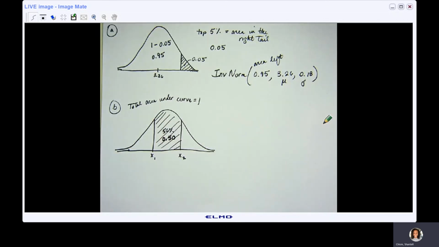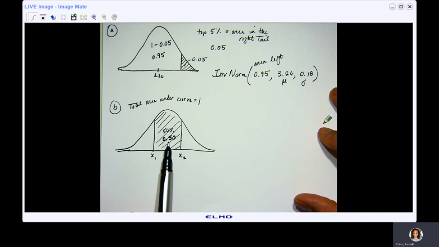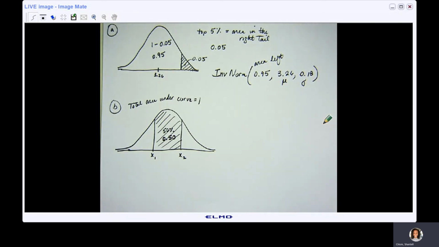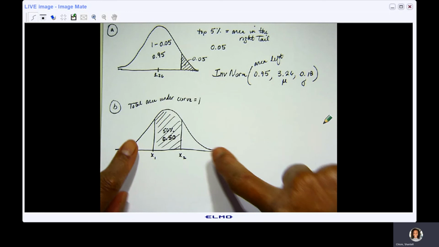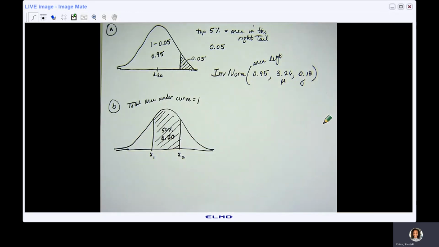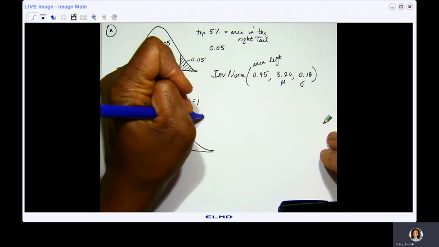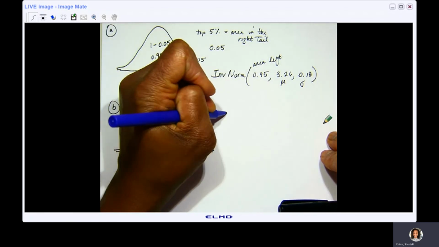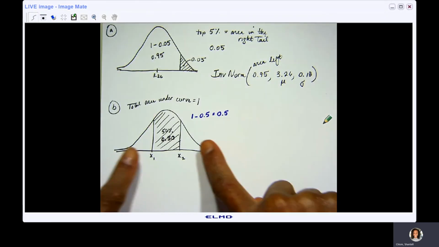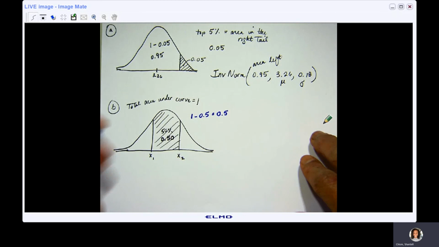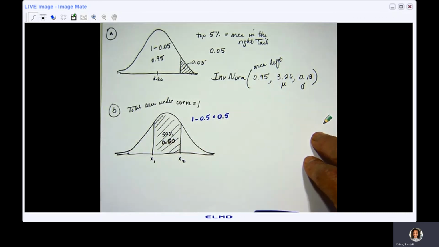Total area under the curve is 1. Okay? So if you've got 0.5 here in the middle, then that means you've got 0.5 left to split between these two tail ends. So you've got 1 minus 0.5, which is still 0.5, that you've got to split in this left tail and this right tail.